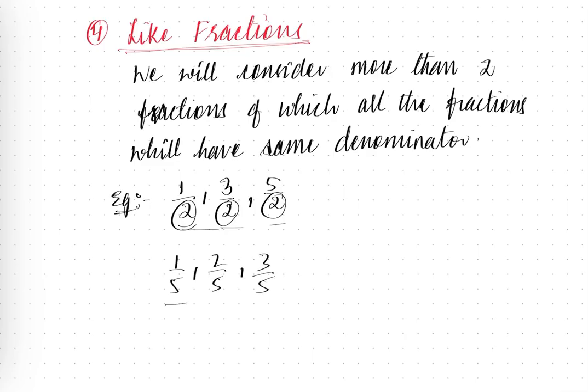Here we have 5 common in all the denominators. So these are known as like fractions, and opposite to like fractions will be unlike fractions, where we consider more than two fractions and there need not be any same numerators or same denominators.